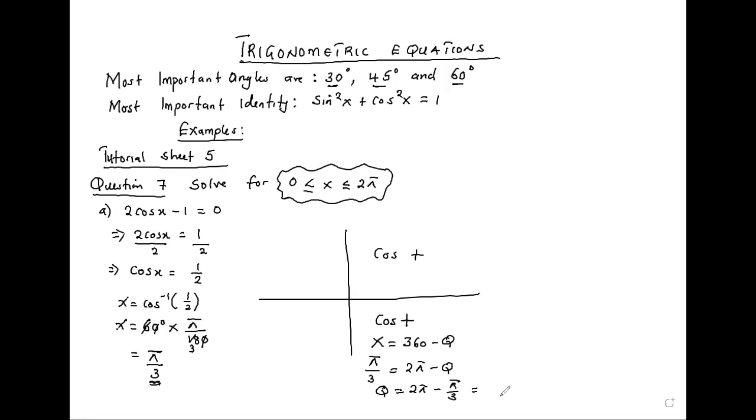The common denominator is 3, and then we get 6 pi minus pi. So we have 5 pi over 3. So x is equal to pi over 3, and x is also equal to 5 pi over 3. So these two values of x are the solutions to this equation.